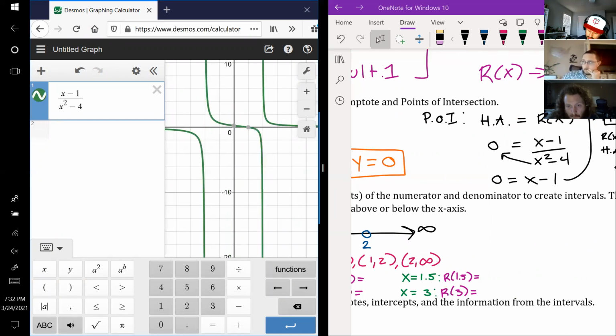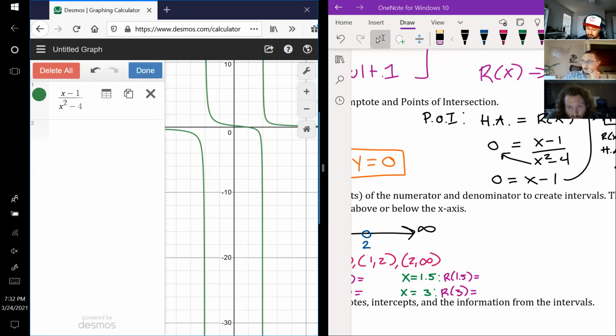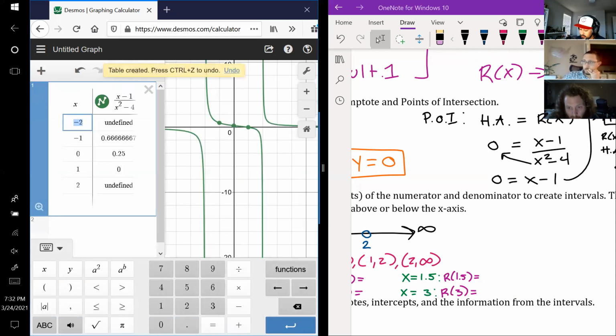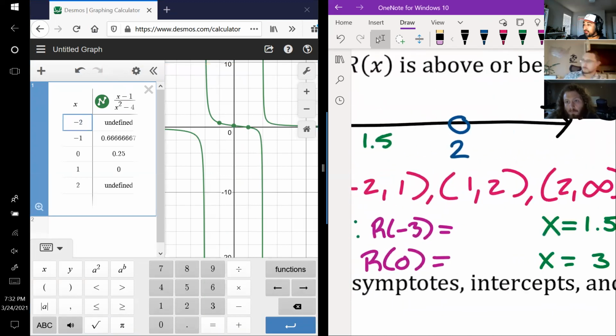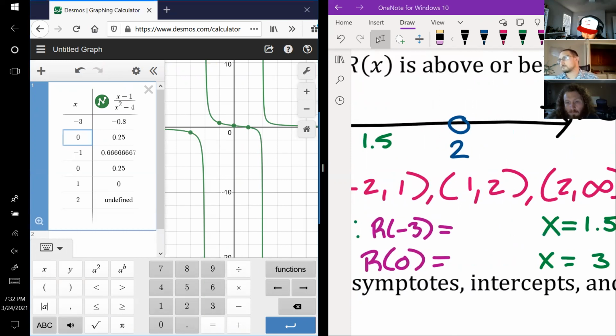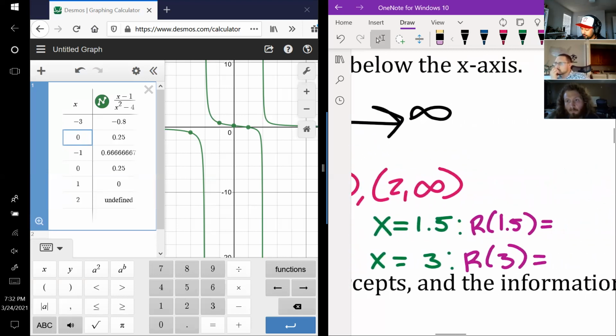And then I'm going to use that table feature. And I'm going to plug in our test numbers here, starting with -3 and 0. So we see that when I plug in -3, I get -0.8. And then when I plug in 0, I get 0.25.